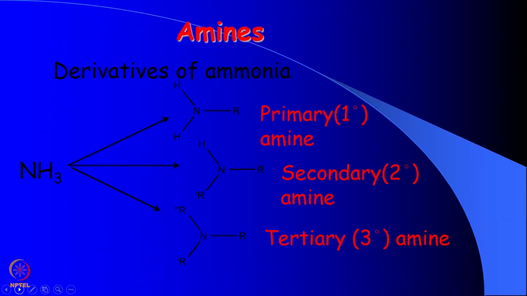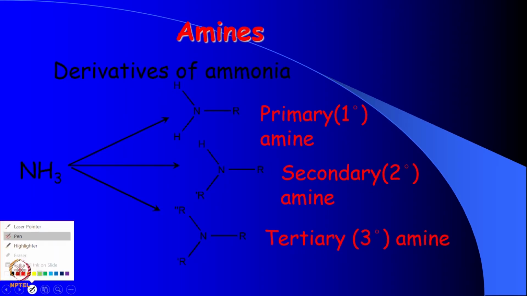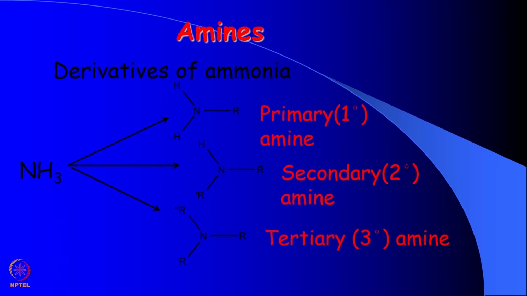So, we have been talking about amines and amides and all that. In that discussion, we have already discussed that there are possibilities of compounds called amines. So, here I want to discuss quickly what amines are. Amines are derivatives of ammonia. From ammonia, if you replace one hydrogen by an alkyl group, it becomes a primary amine.